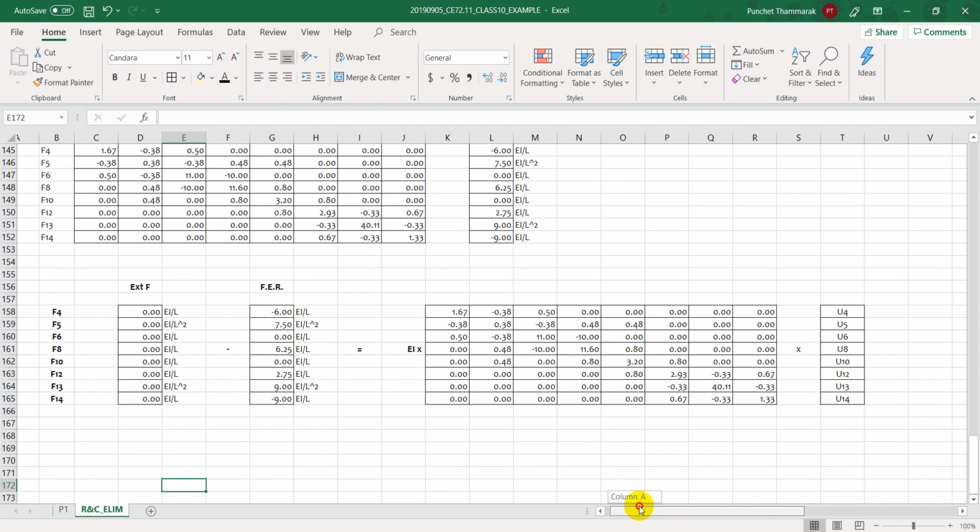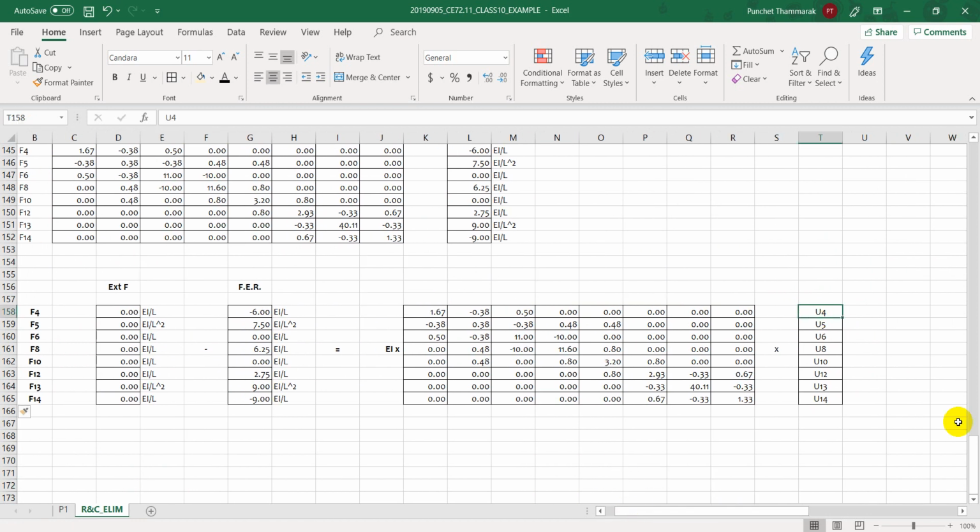The thing is that on this side, you actually have the EI over L square, EI over L cube in there, right? So let's take a look at this together. Fixed end reaction starts at F4. Okay, EI over L and then EI over L square.